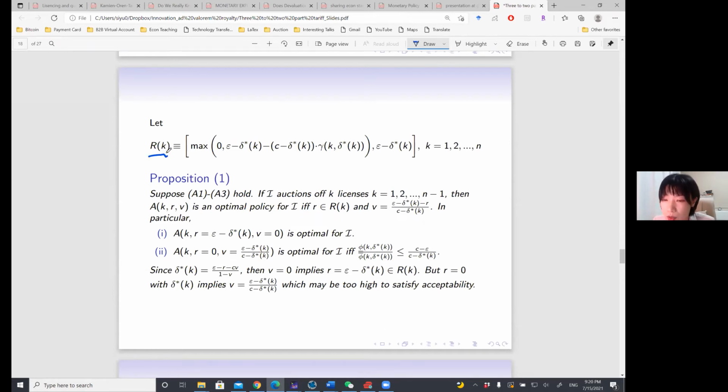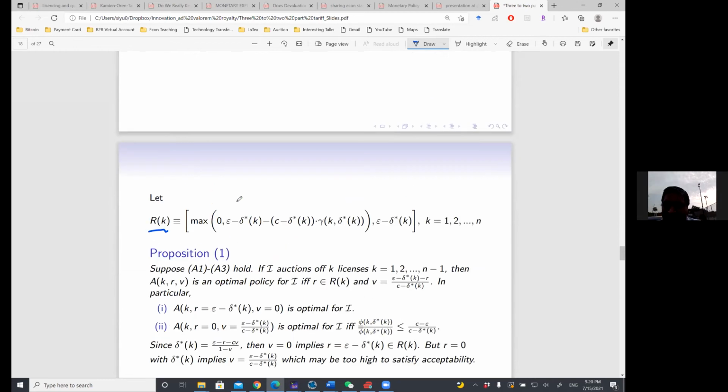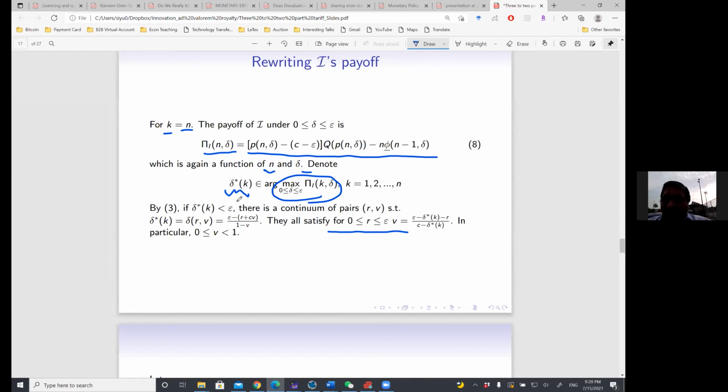Here, capital R of... Can we go back to equation 3? I'm sorry. Deba, what is your question? The last equation. Yes, so what you can observe here is that the first term is the monopoly profit at cost C minus epsilon at that price.